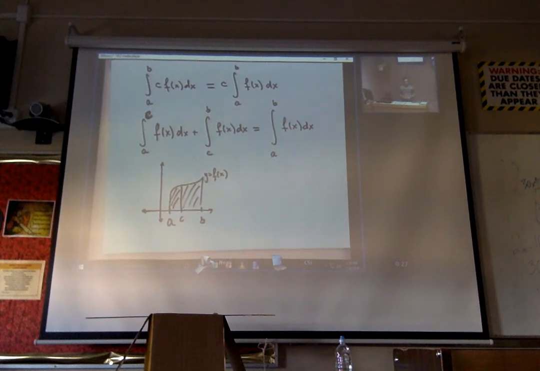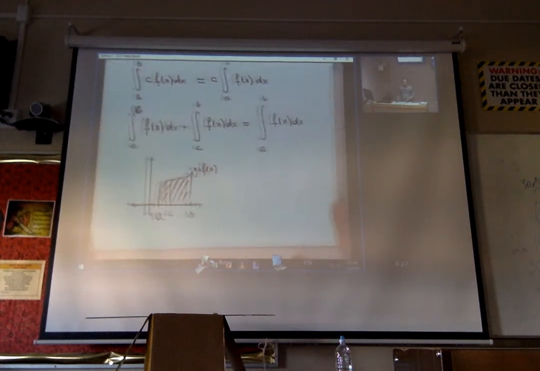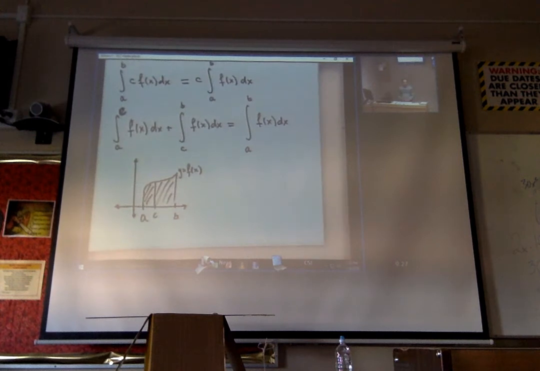But do you think this can work for the removable discontinuity? How would you see this picture with a removable discontinuity? So how do I do it?